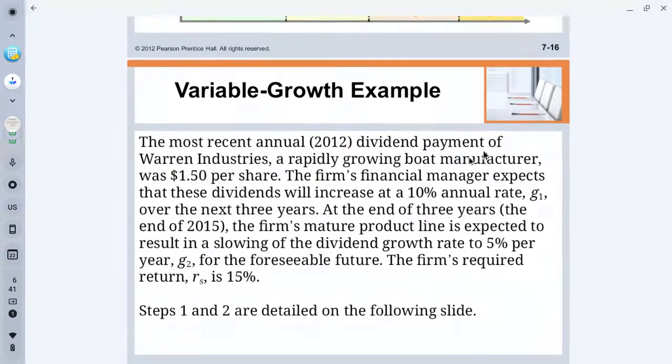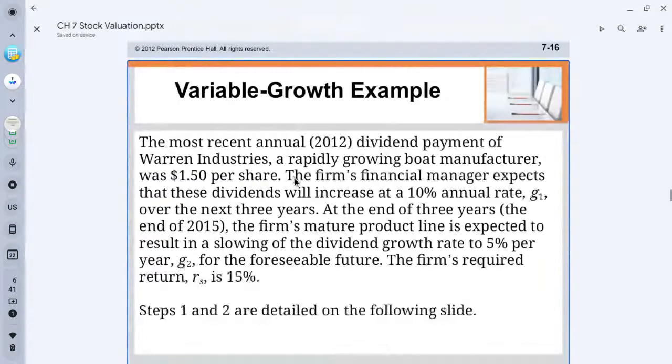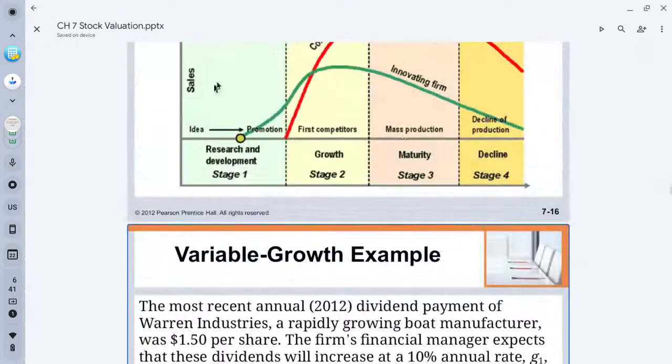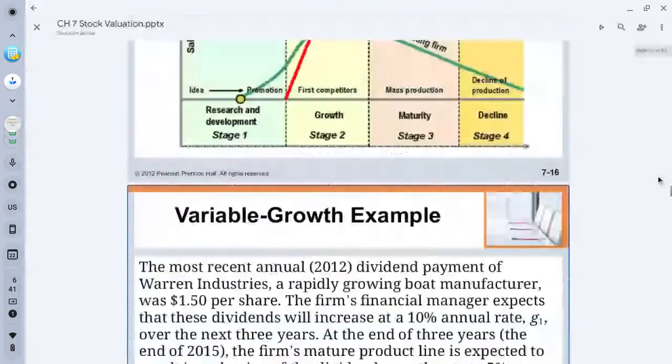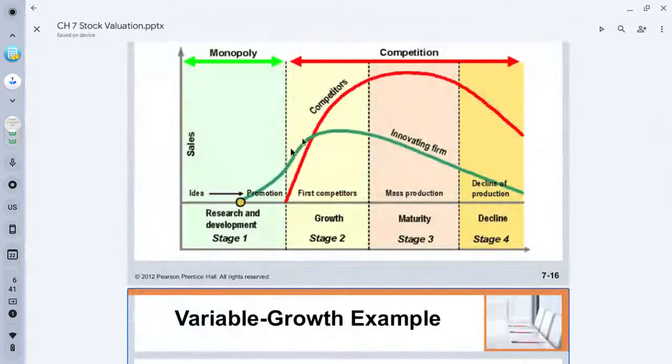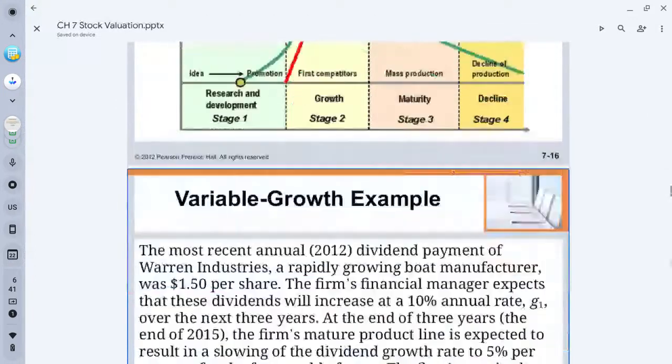But one thing that matters is that it is rapidly growing. So that means they are in this stage. And that means sooner or later they will move into this next stage, right?